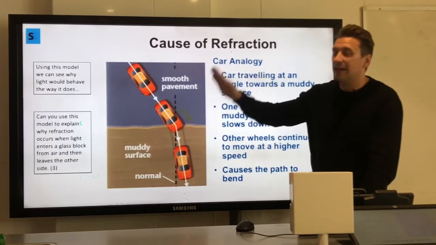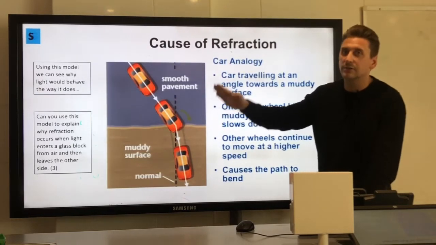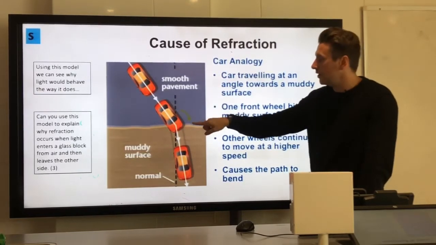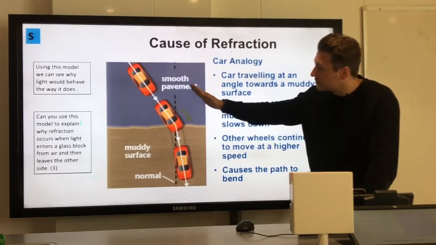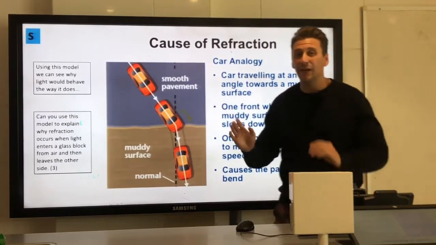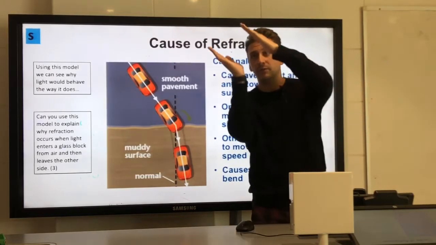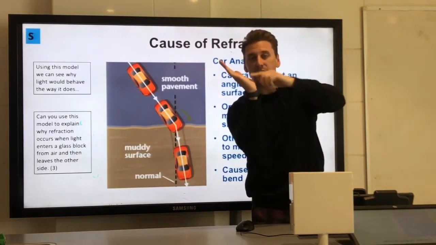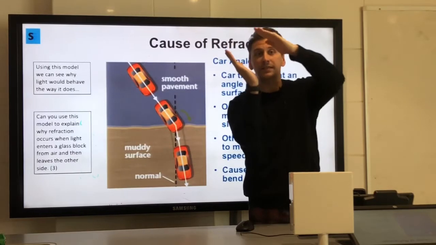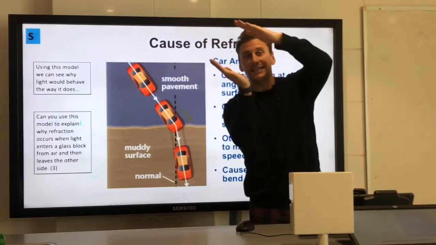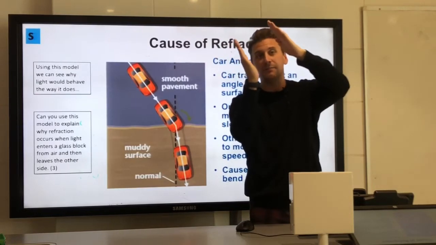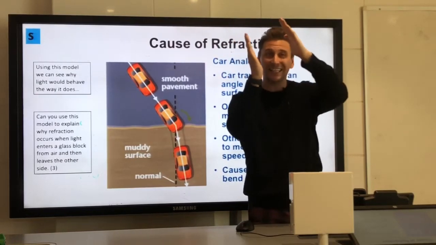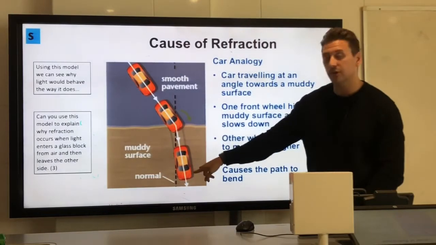So because the left-hand side of the car slows down before the right-hand side of the car, this one on this side actually carries on traveling at a faster speed just for a short moment of time. So if it's coming in at an angle and this one slows down first, this one on the outside is actually going to take over. It's going to travel faster for a short period of time, and it's going to turn the car slightly towards the normal.